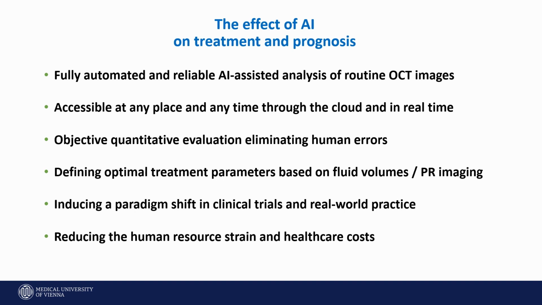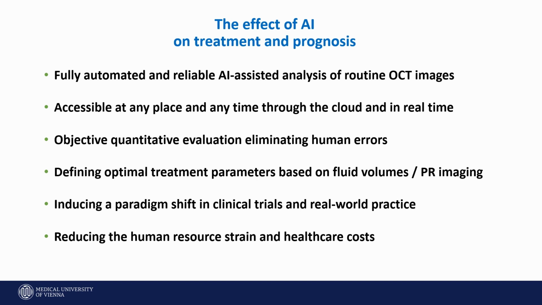The effect of AI on treatment or prognosis consists of the use of fully automated and reliable AI-assisted analysis taken from routine OCT images. Such tools are accessible at any place and any time through the cloud and provide real-time results.